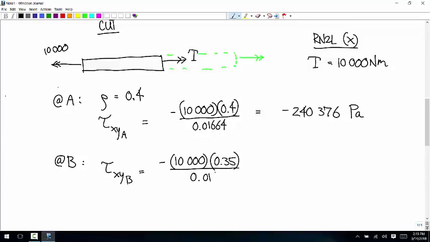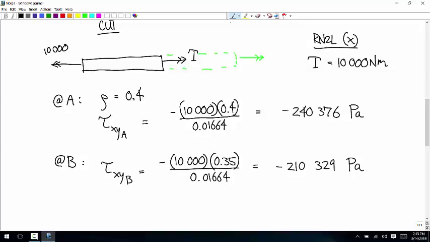Divided by 0.01664. And what do you get for that? Okay. So we get a significantly bigger stress at the outer wall than at the inner wall.